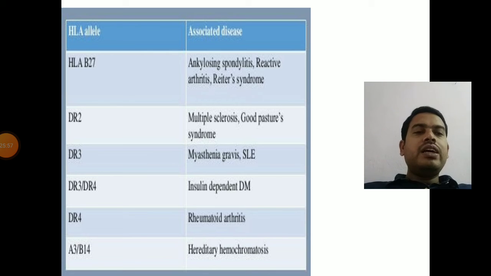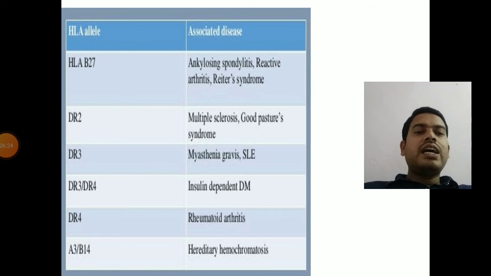If a particular person is going for transplantation, HLA typing is done to match the MHC molecules which are present on the surface of the donor as well as recipient cell membranes. So these kind of alleles are used for HLA typing of both recipient and donor.